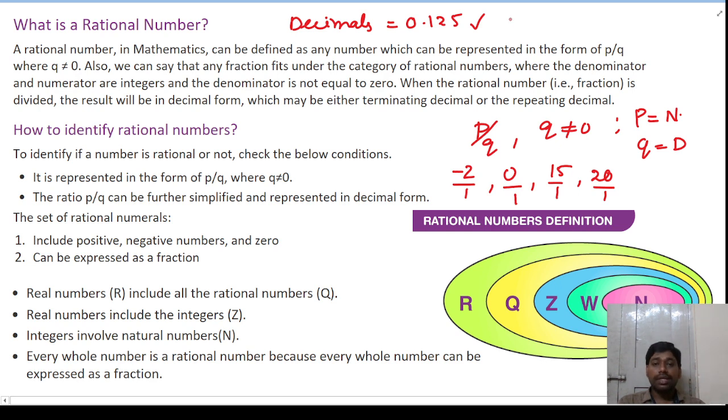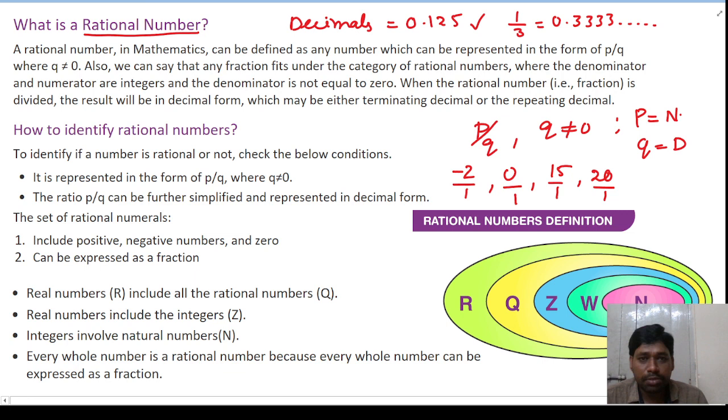And the numbers like the solution of 1 by 3, which we get in decimal form as 0.3333 and so on, does not terminate and it repeats. Such numbers are also called rational numbers.